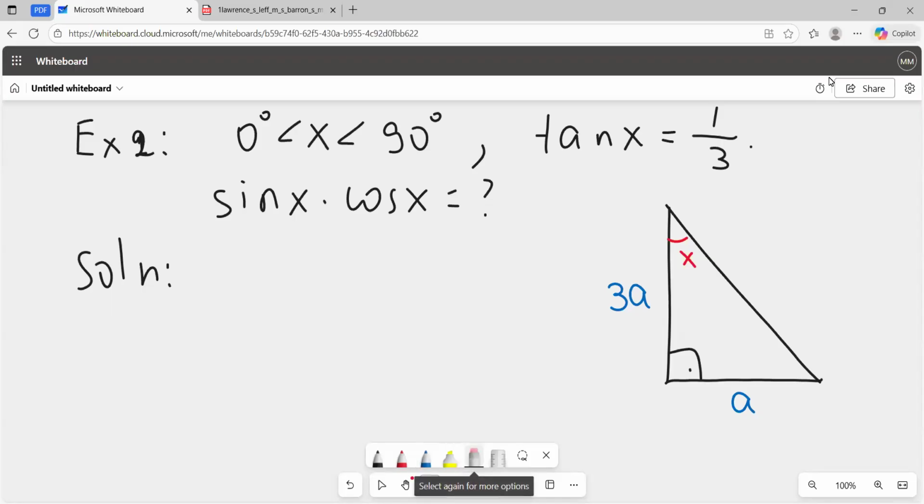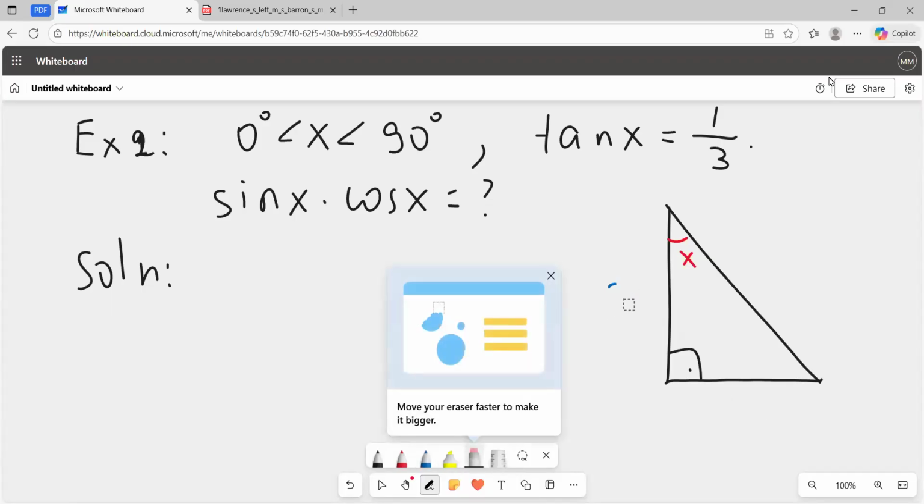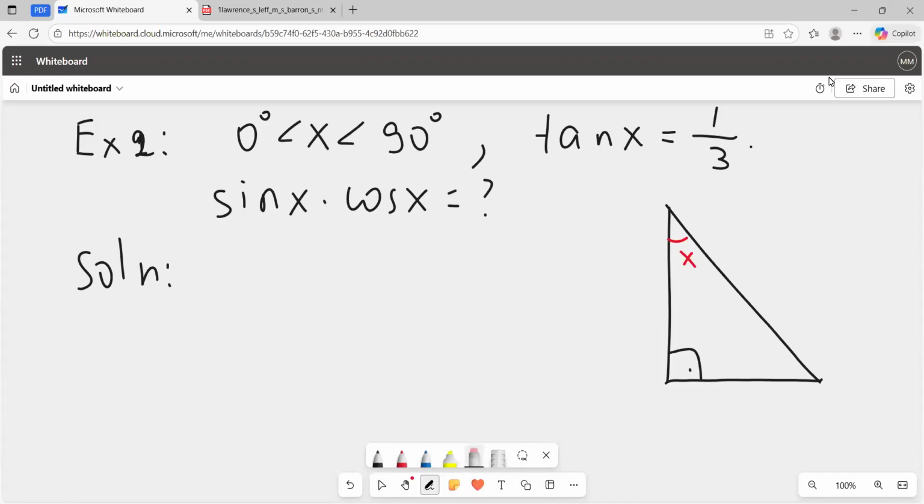But we can also consider that the opposite side is 1 and the adjacent side is 3. By the Pythagorean theorem, we can find that the hypotenuse is equal to square root of 10.